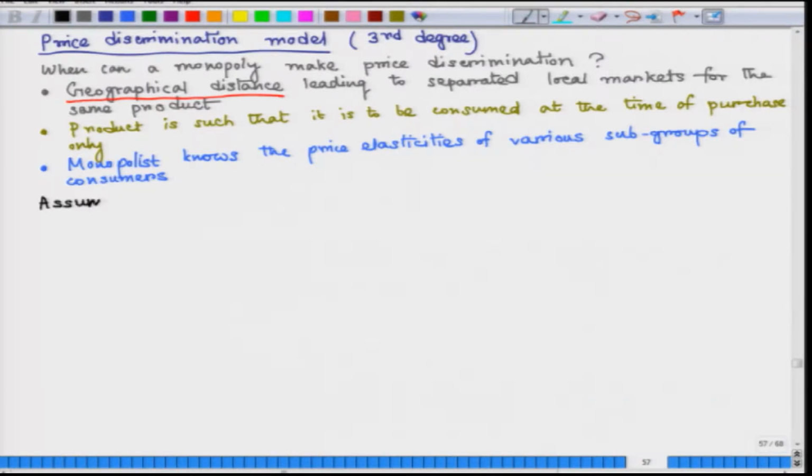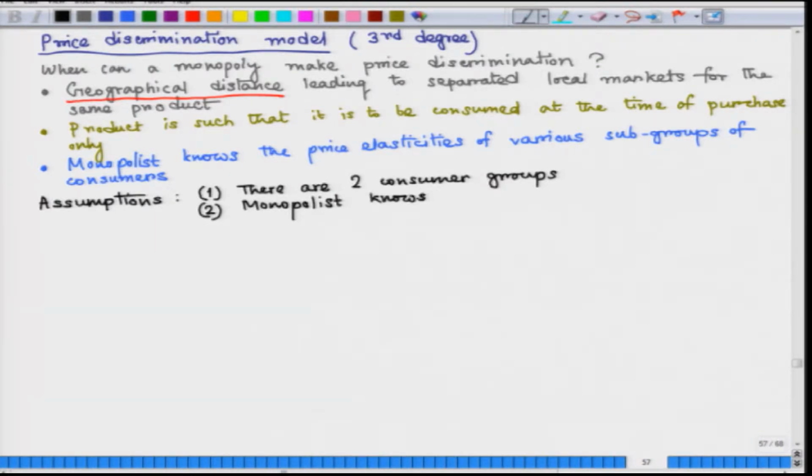Actually there are two assumptions. Assumption number 1, that there are only two groups of consumers, and the second assumption is that the monopolist knows the price elasticities, which are E1 and E2.